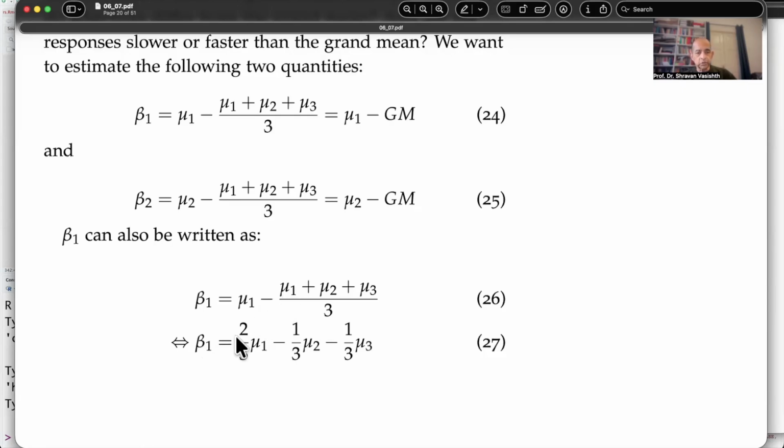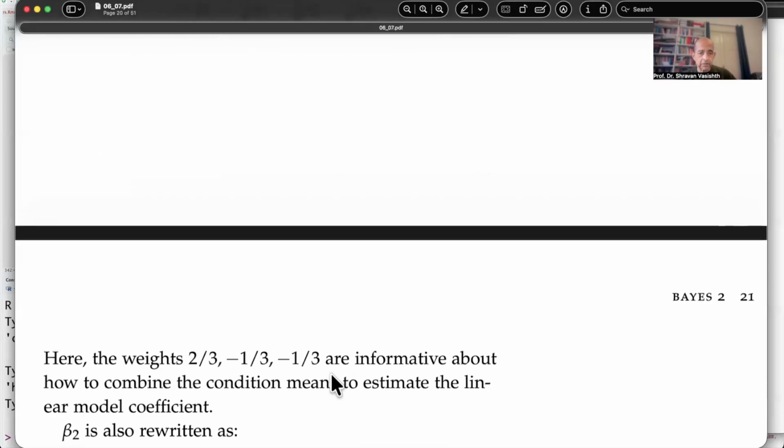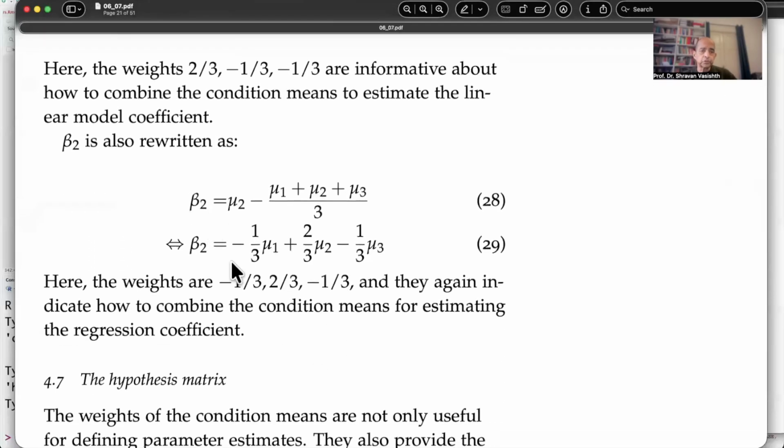That gives me 2/3 mu1. And similarly for the others, I would end up with minus 1/3 mu2 and minus 1/3 mu3. So the condition we want to compare to the grand mean gets a weighting of 2/3, and the other ones get a weighting of minus 1/3. Similarly, mu2 gets a weighting of 2/3, and the other 2 get a weighting of minus 1/3.